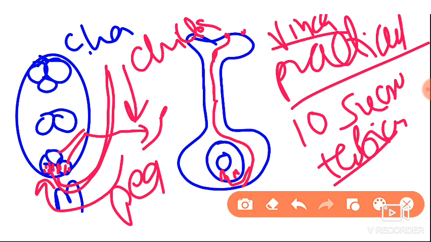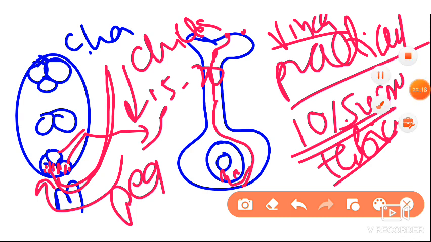We will collect the pollen grains and add 10% sucrose solution to them, and we will wait for 15 to 20 minutes. After that, if you observe under the microscope, we will find the pollen germination very clearly. That we will study in the practical.